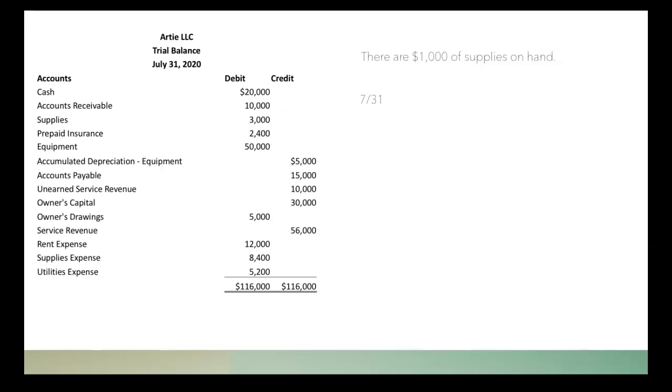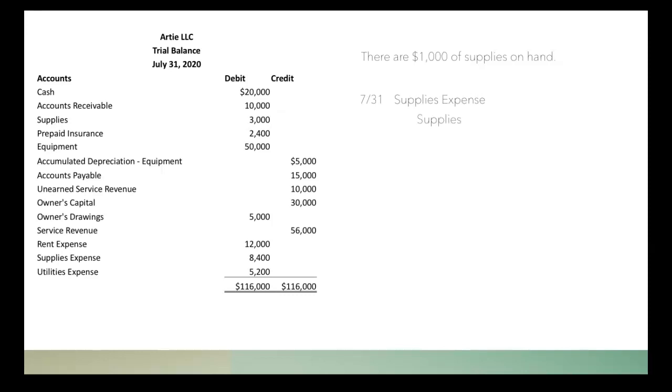So how are we going to do this? Well, we need to debit supplies expense because we have used up our supplies, so now we expense it, right? So we are debiting an expense here. And if we think back to our 3 different rules, we know that the other account has to be a balance sheet account.